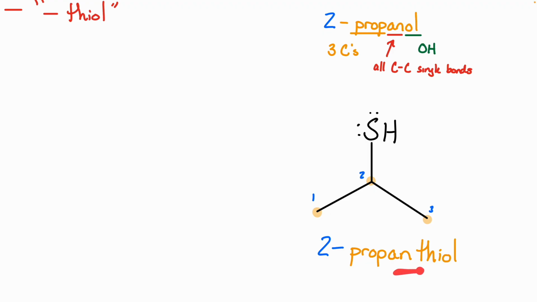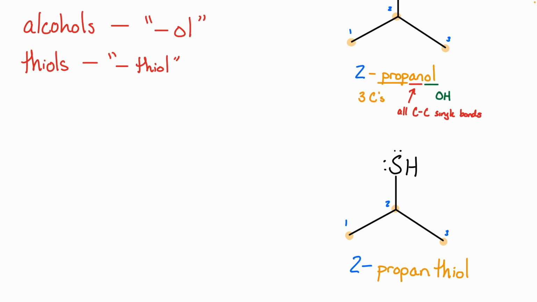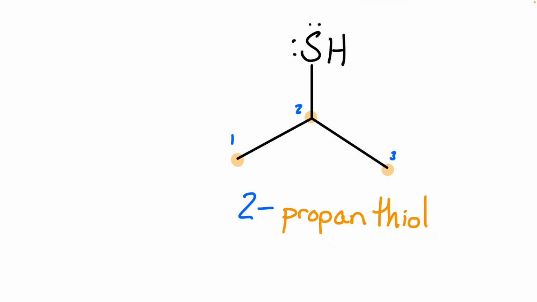But what's the problem here? We've talked about this a little bit before. Yeah, the consonants here, running these 2 consonants together. We always avoid this in organic chemistry. Interestingly enough, our thiol suffix here doesn't start with a vowel, it starts with a consonant. So we're going to have this problem of running 2 consonants together. So what we're going to do is keep a vowel. It's not going to be propanthiol, but propanethiol.